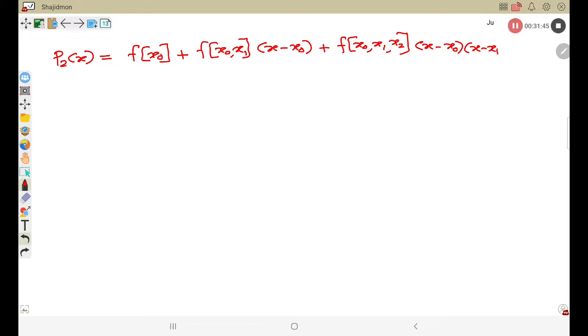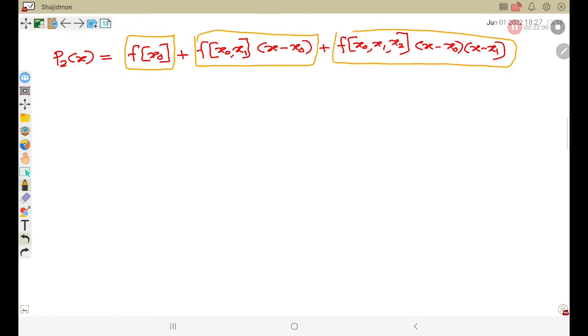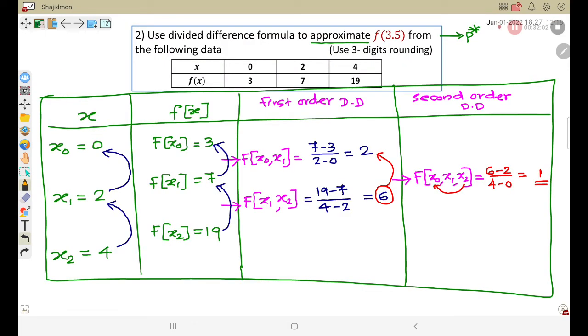Correct. Now we are going to simplify each term separately. How many digits we need to take? It is given in the question: 3 digits rounding.